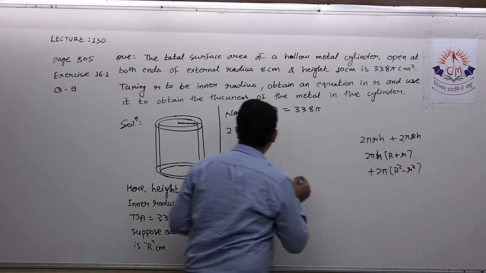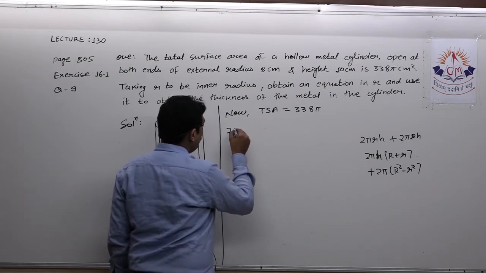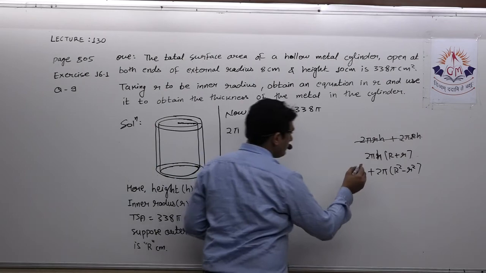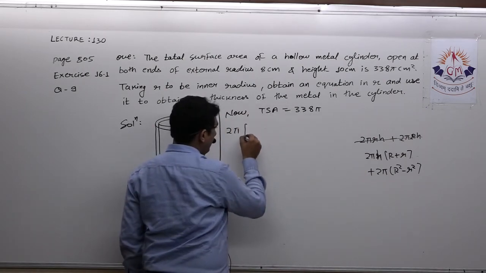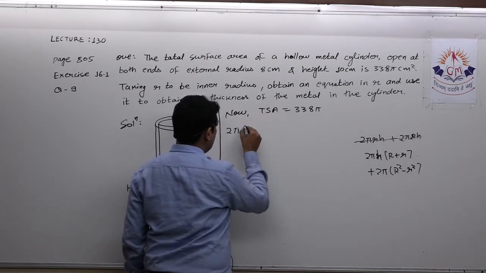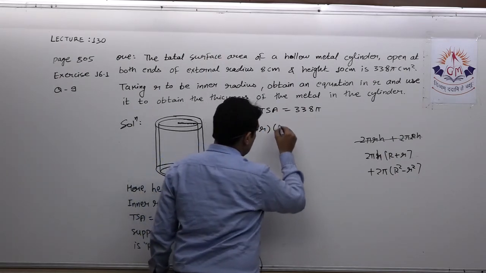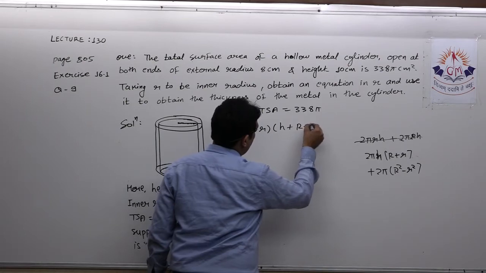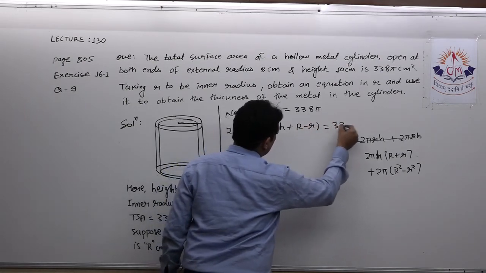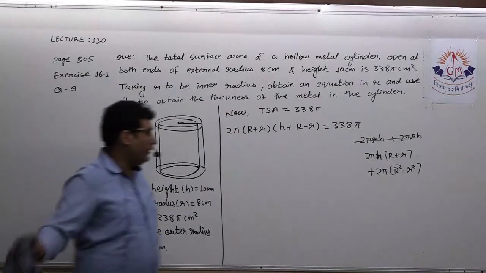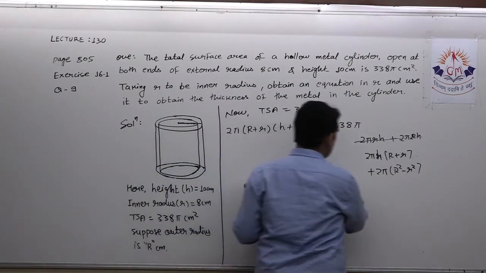So finally the formula of TSA is going to be 2 pi (R plus r)(h plus R minus r) is equal to 338 pi. This is the formula of total surface area of a hollow cylinder.